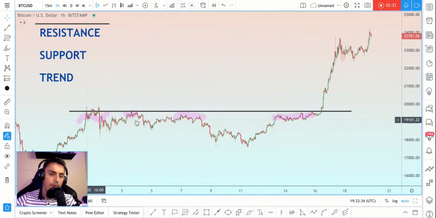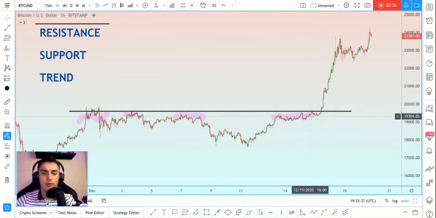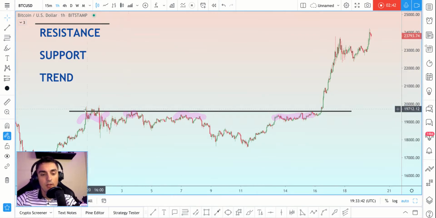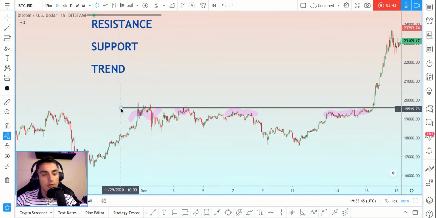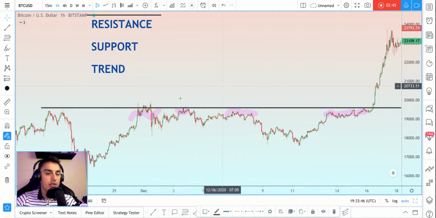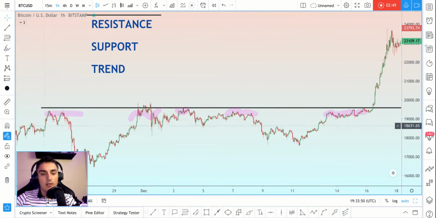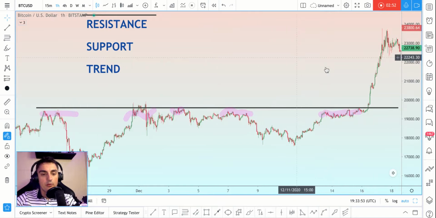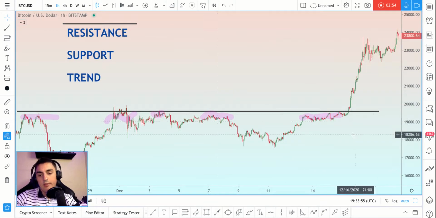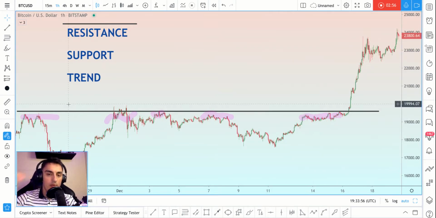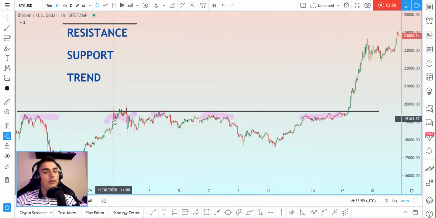It is a pretty big resistance for price at this time, and it took a while to break it, right? So you can see a lot of touches here. When you see this, you can be 100% sure to say it is a resistance.